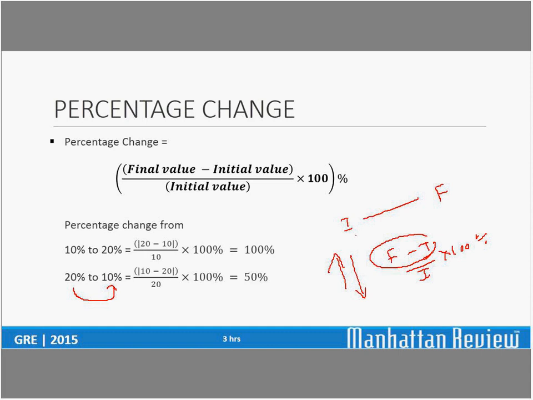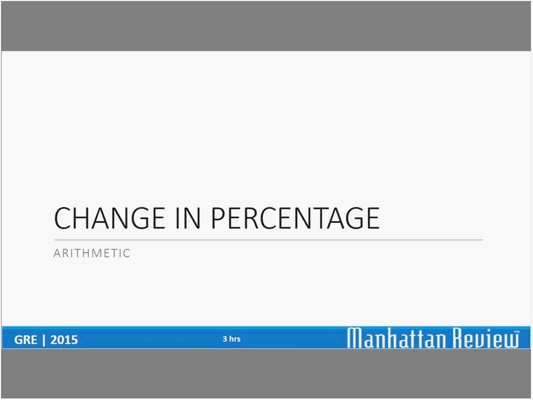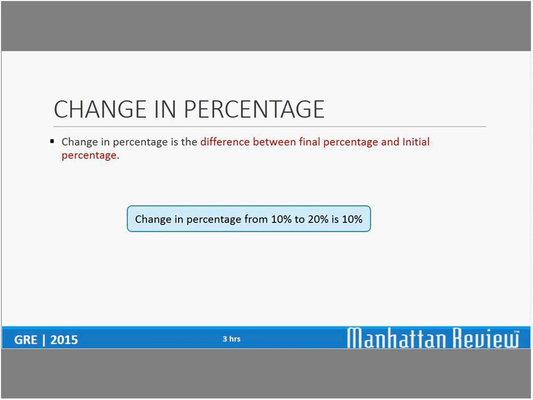Usually we take the absolute value; it is only the difference between the values. But practically we know whether it is going to increase or decrease by the magnitude. Next is change in percentage.